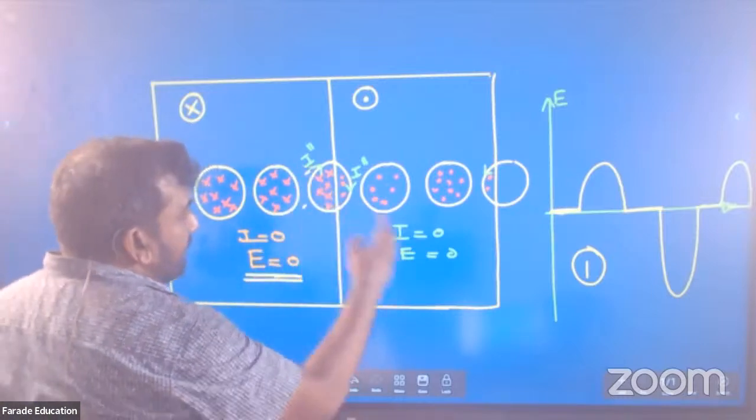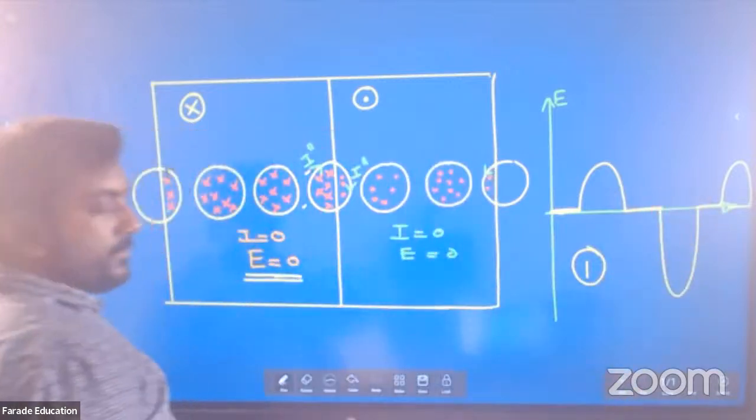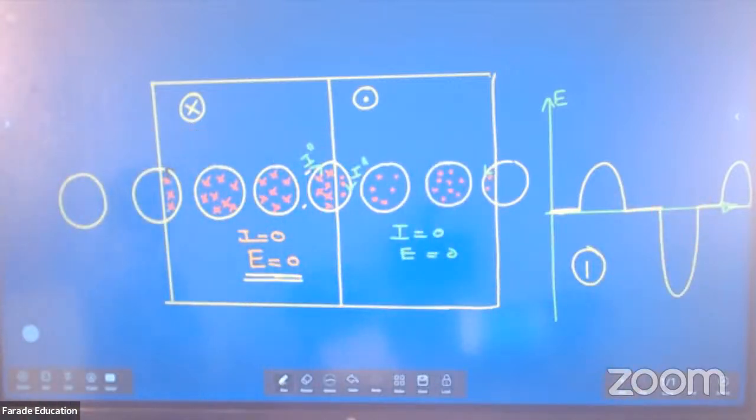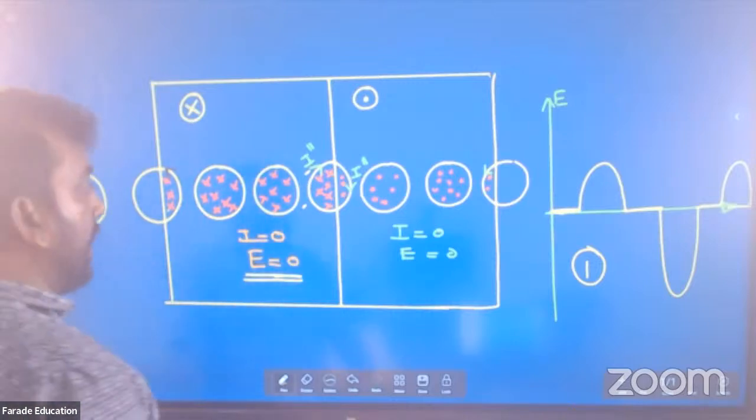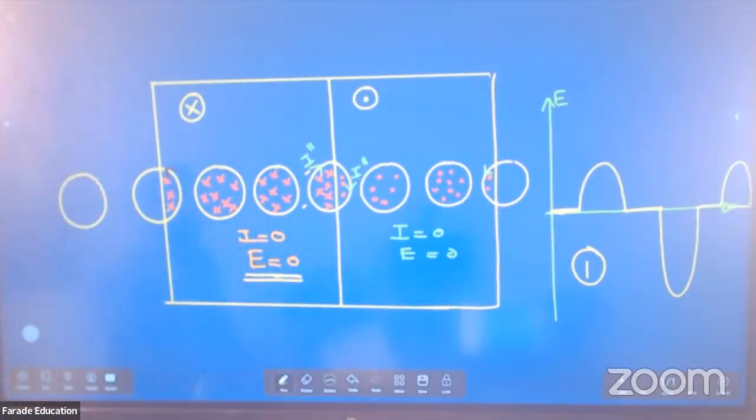Both are clockwise, so they will add and be larger. Okay.